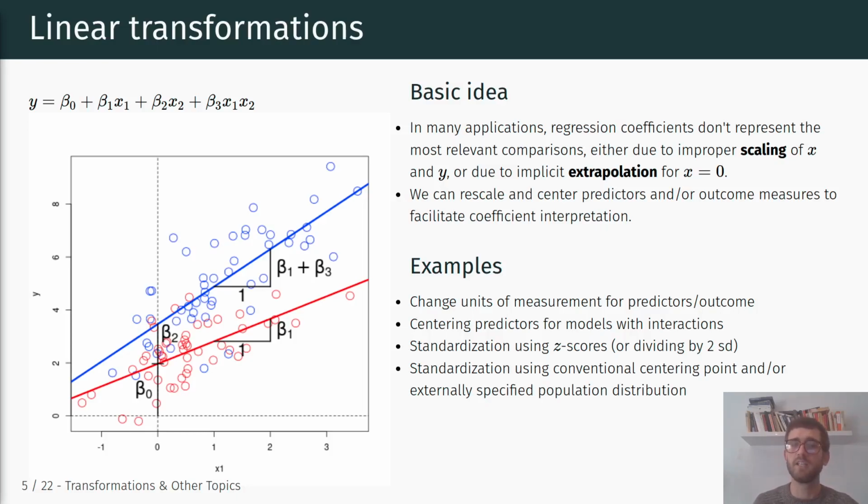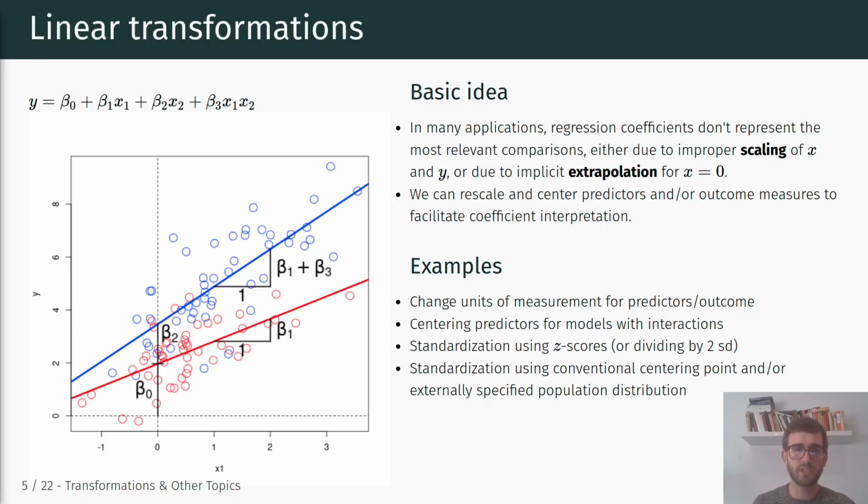You could think of what if the data was collected where people's height was measured in miles. Obviously that doesn't make any sense, because the range of values would be very small. But in cases like that, you would want to change the units of measurement for either the predictors or the outcome to bring it onto a more interpretable scale.